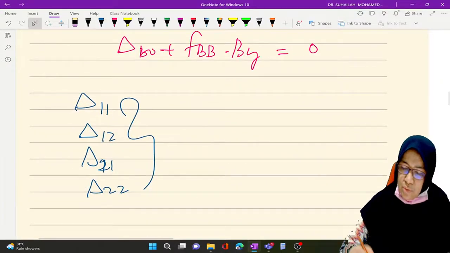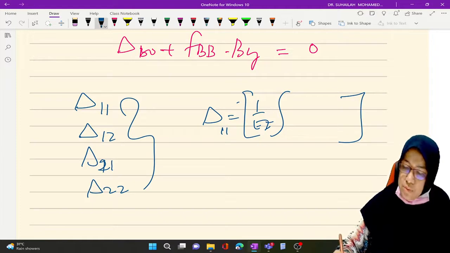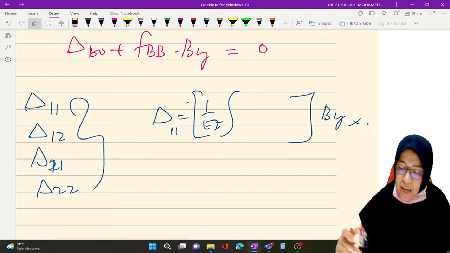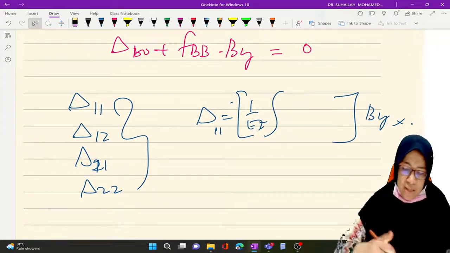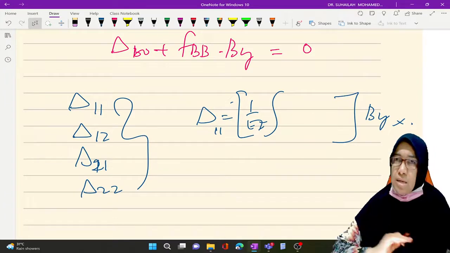Maksudnya lepas you tulis formula 1 over EI, you kena kali dia dengan redundant tu. Ni kita tak nak. That's why saya dah mudahkan supaya you tak perlu tulis delta ni, tulis F. So displacement in redundant system semua kita pakai F.